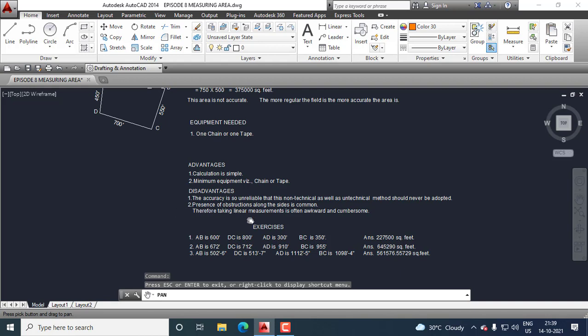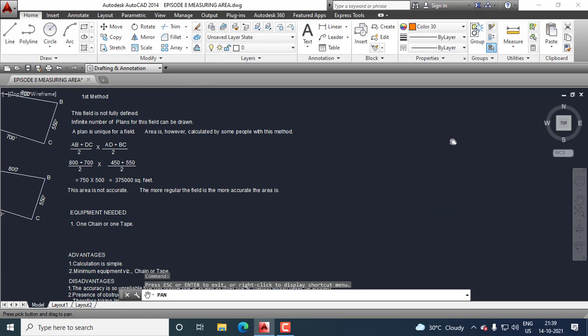Therefore, measuring the four sides is difficult. So, I always neglect this method. I treat this method as non-technical and untechnical. Anyway, I am giving some exercises for you for your experience.